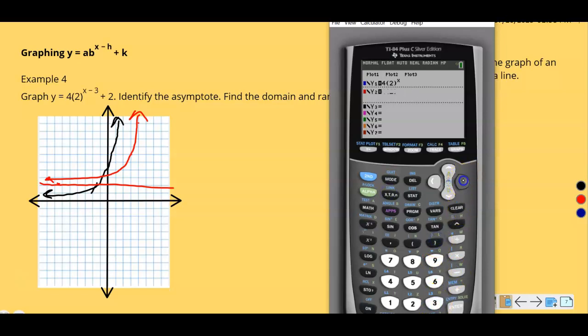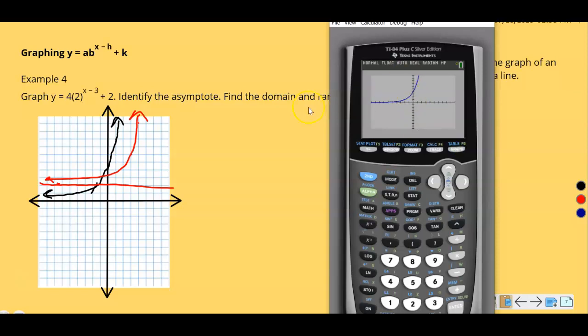And then bring this down and do plus 2. All right, so 4 times 2 raised to the x minus 3 plus 2. So this is going to be my transformation. So let's see if this will graph it. Blue, parent function. Red is my transformation.